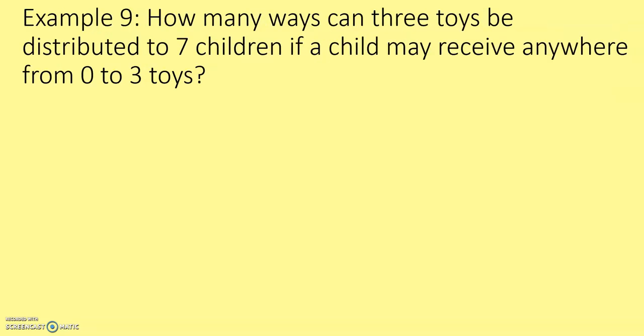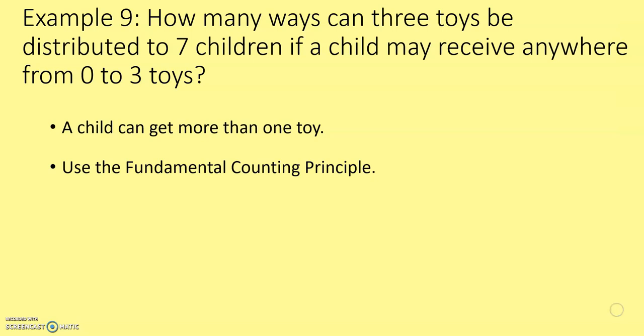Example 9. How many ways can 3 toys be distributed to 7 children if a child may receive anywhere from 0 to 3 toys? A child can get more than 1 toy, so we're going to use the fundamental counting principle.